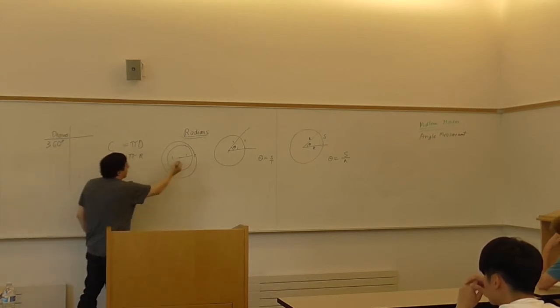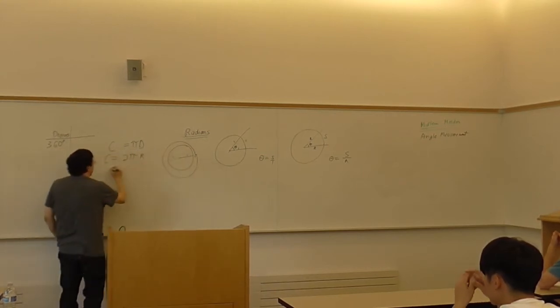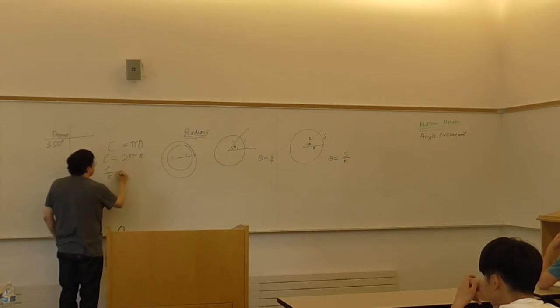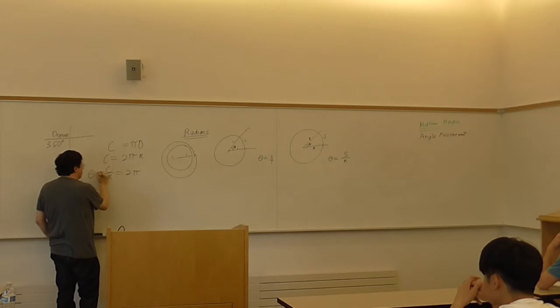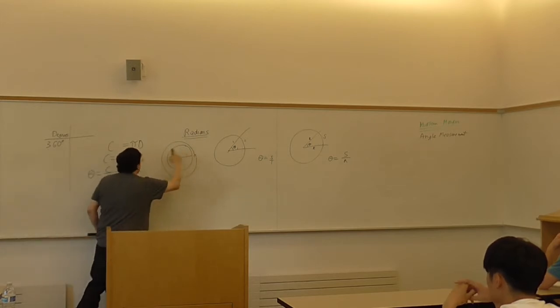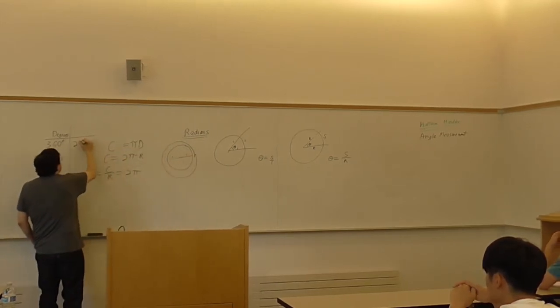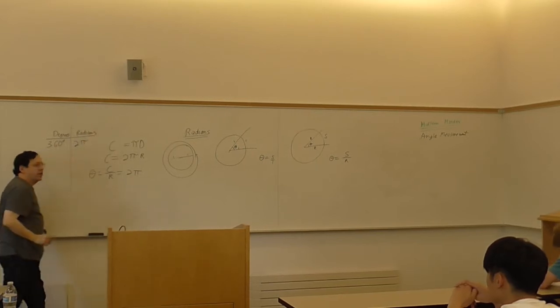So if I divide the whole distance around C by R, that's my theta, right? It's 2 pi radians. Okay.